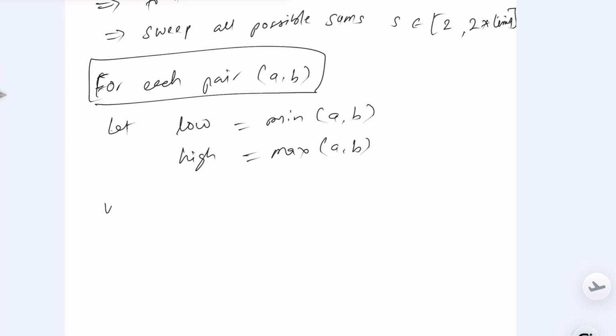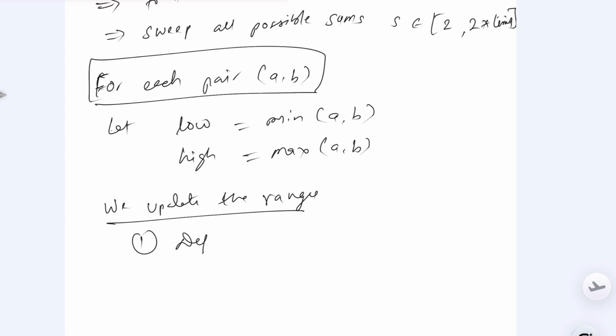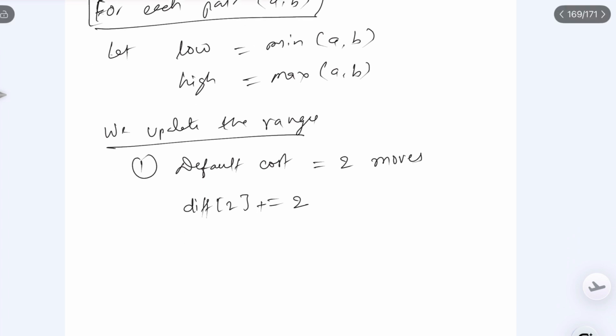How will we update the range? Let's understand. The very first thing is there will be a default cost, and the default cost is equal to 2 moves. Then the difference array at 2 we keep adding the value.